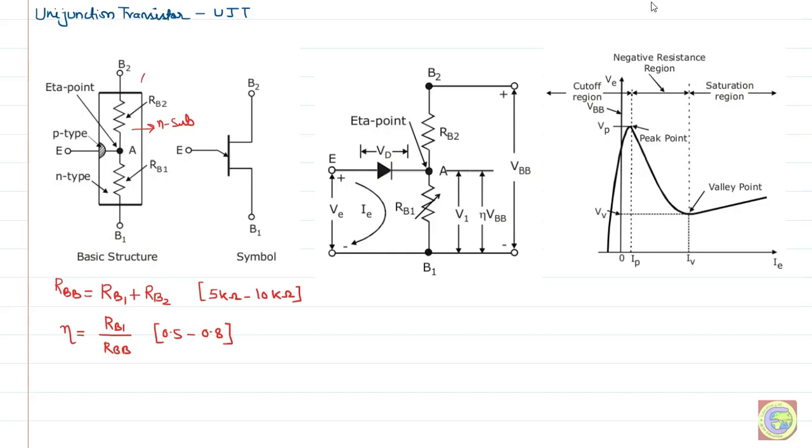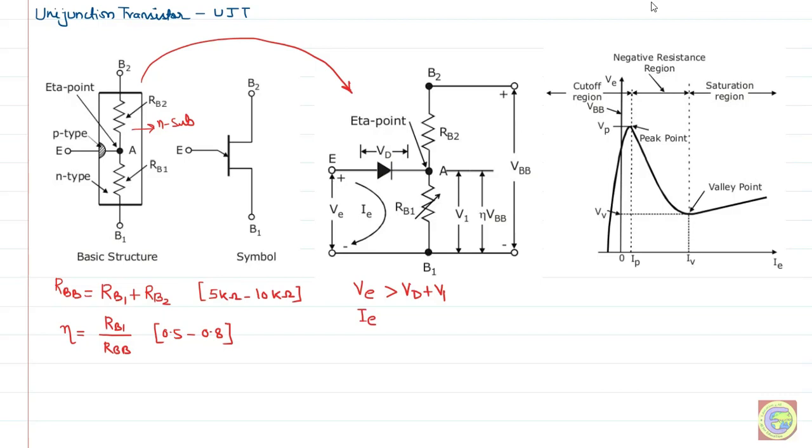Now the equivalent circuit in the form of a diode as well as some electrical parameters like resistances is shown over here. When VA is more than the diode voltage plus the voltage drop across V1, only then will the IE current start to flow from the emitter towards base B1.